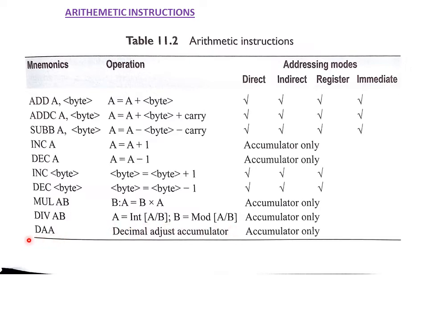First the operation is performed on the binary data, converted into BCD. Now operations are executed in BCD and the result is stored in the accumulator. After storing the result in the accumulator, the BCD data is corrected. That is the DA instruction, decimal adjustment of the accumulator after addition. Like that, arithmetic instructions are executed in the 8051 microcontroller.